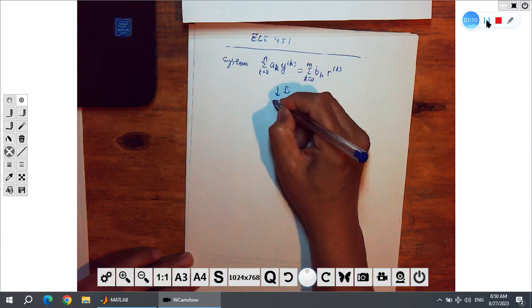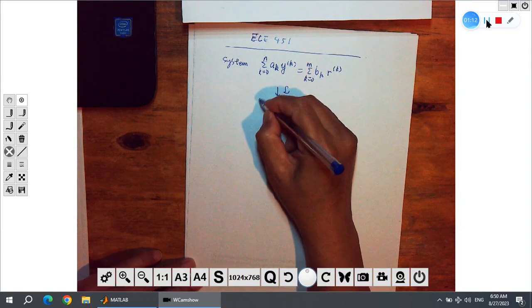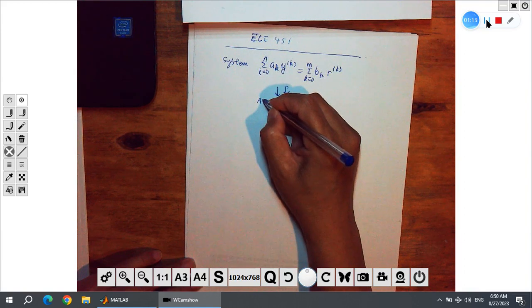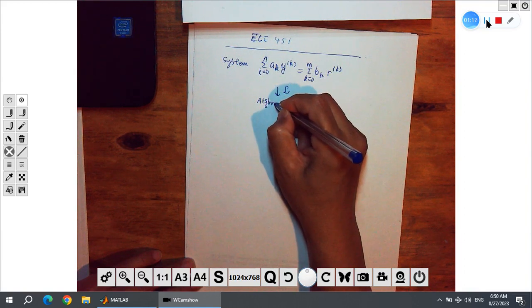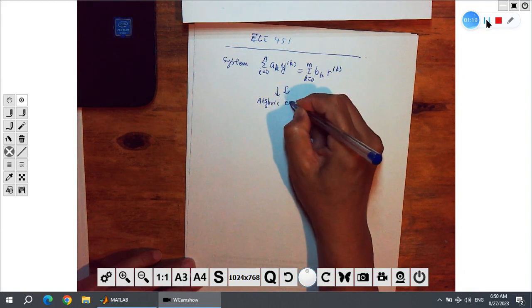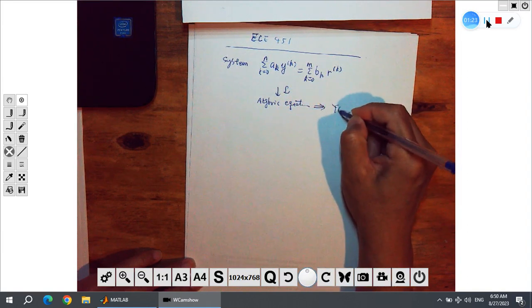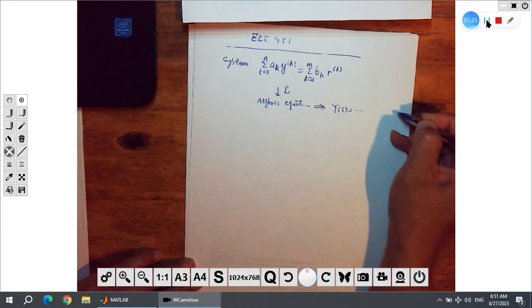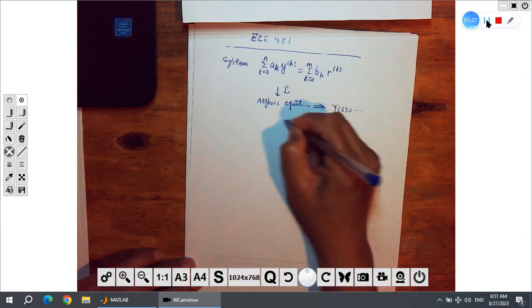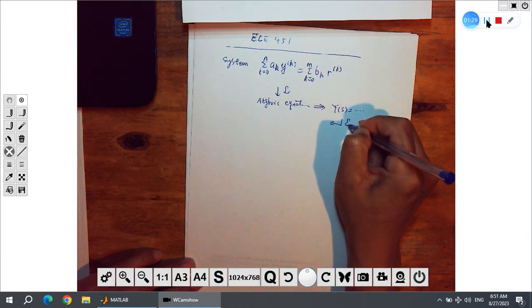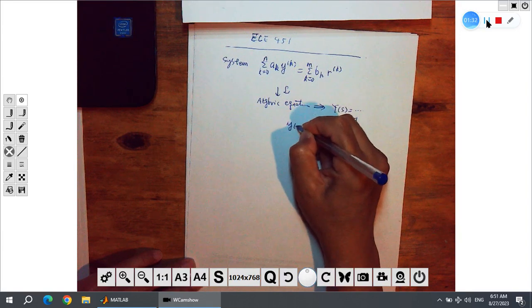Then we have an algebraic equation, right? Then we can have Y of s equal to something. Then we use the inverse Laplace transform, and we have y of t equal to something.